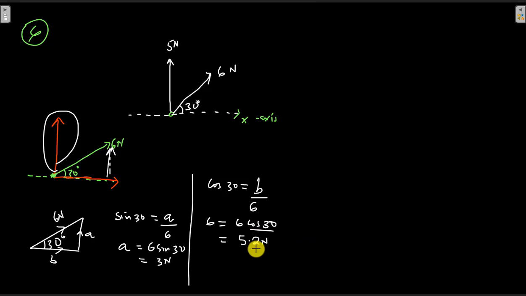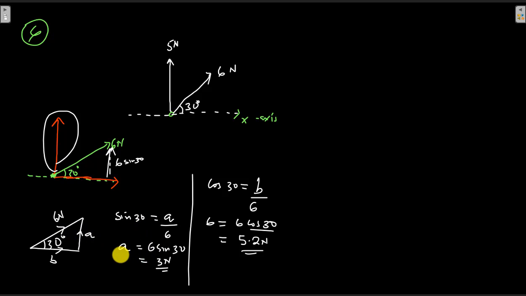I know writing 5.2 is not good enough because there are some errors, but let's just go with that for the moment. So the force in the vertical direction is 6 sine 30. I will not write this for the meantime, but just know that that's the final answer.